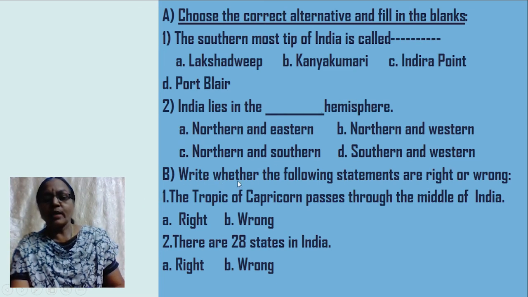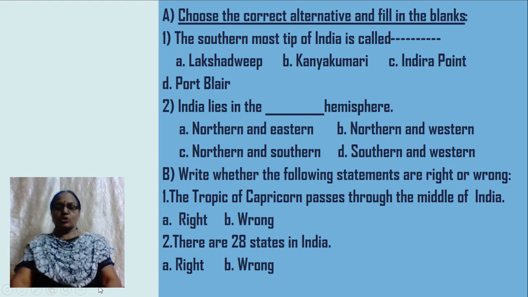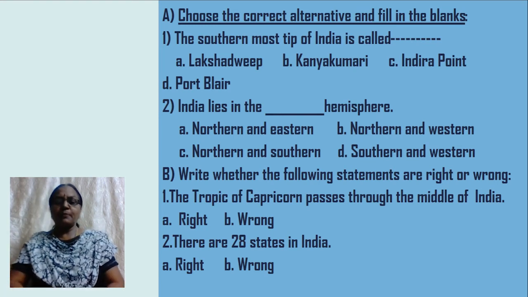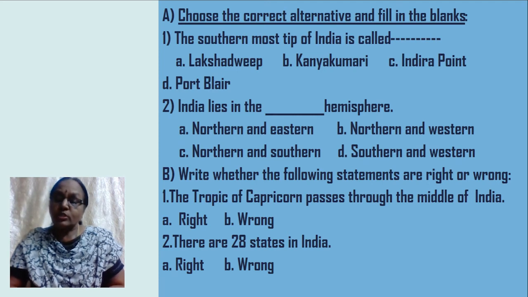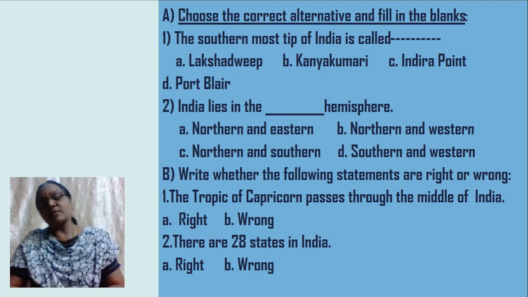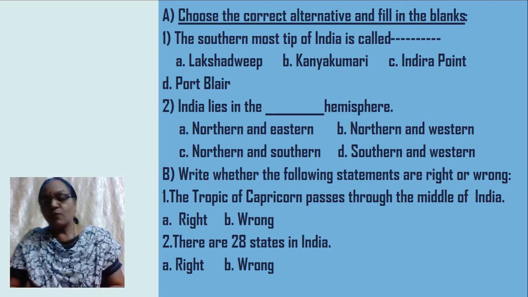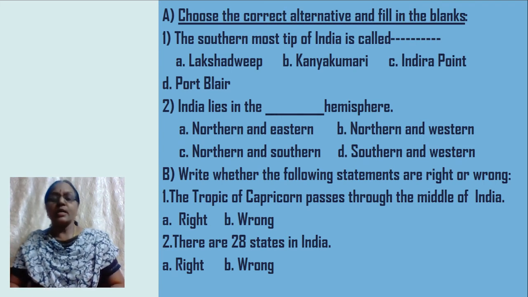Next is, write whether the following statements are right or wrong. The Tropic of Cancer or Capricorn passes through the middle of India. So what is the important latitude it passes through in the middle of India? We've already done that. It is the Tropic of Capricorn or Tropic of Cancer.